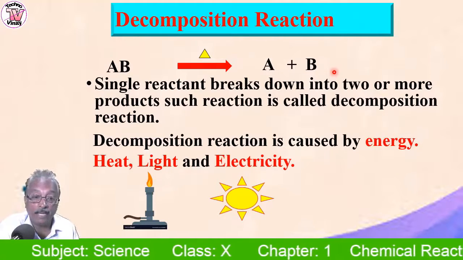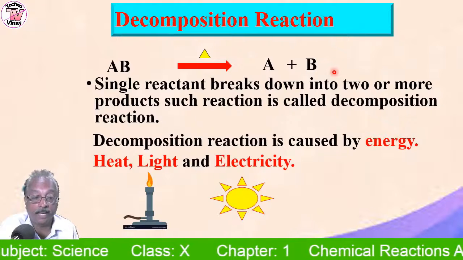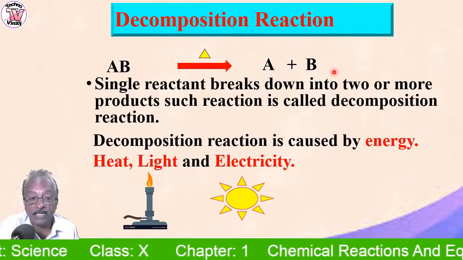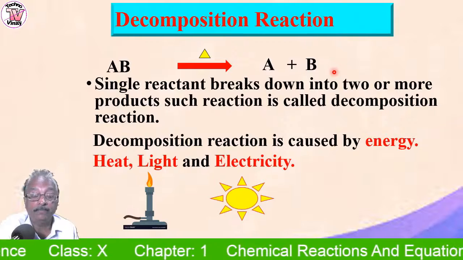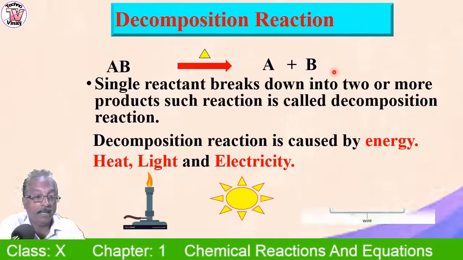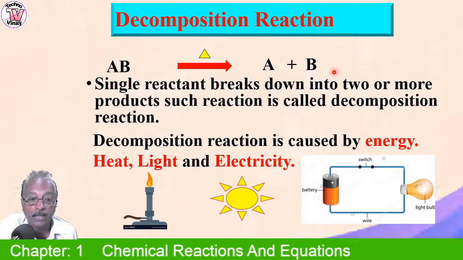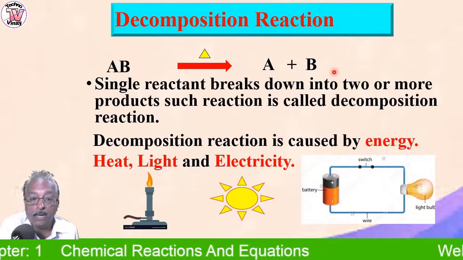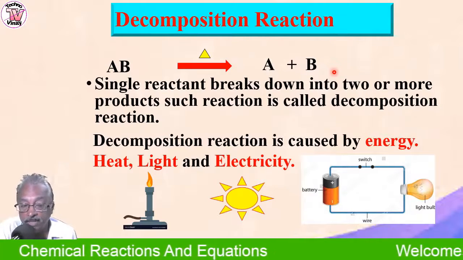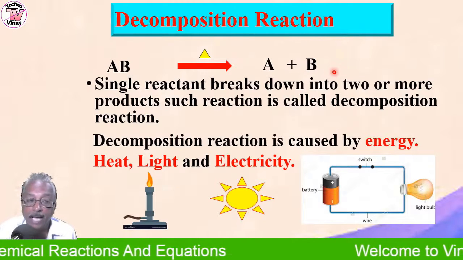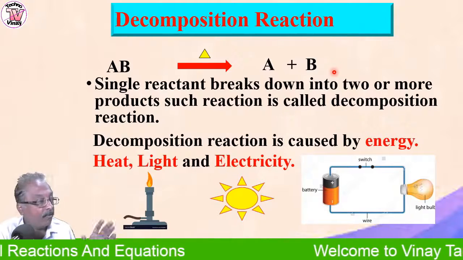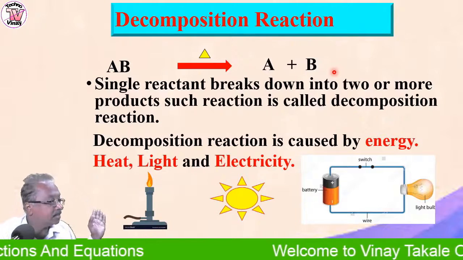One simple example is the photosynthesis reaction, which occurs in sunlight only. And third, on passing electric current or electricity. So to carry out the decomposition reaction, you require energy, supplied in the form of heat, light and electricity.